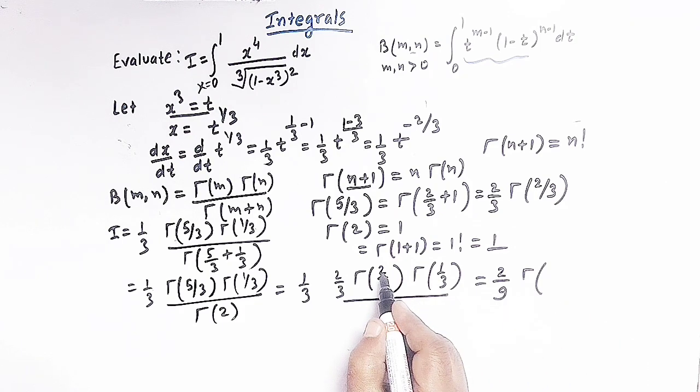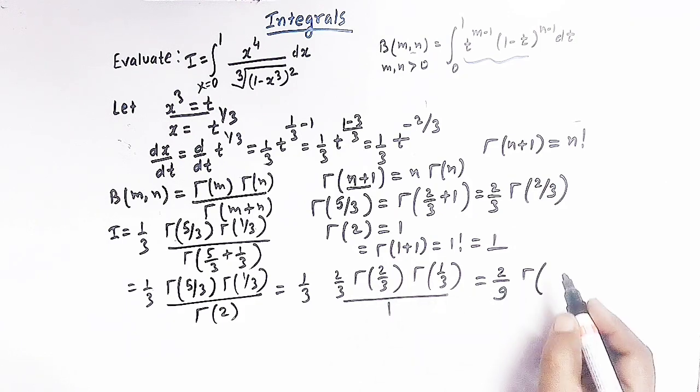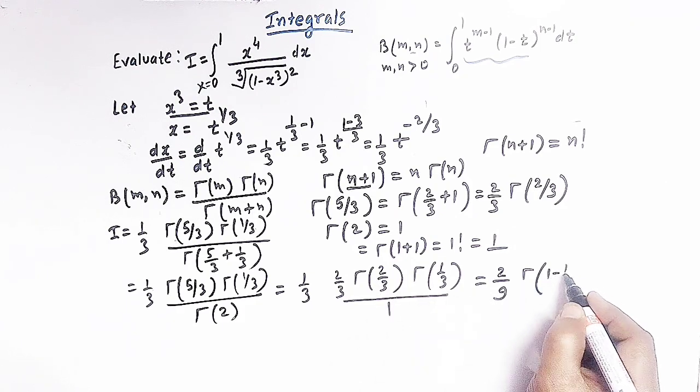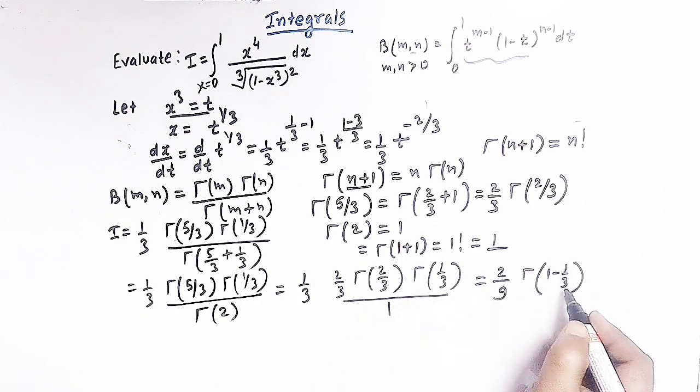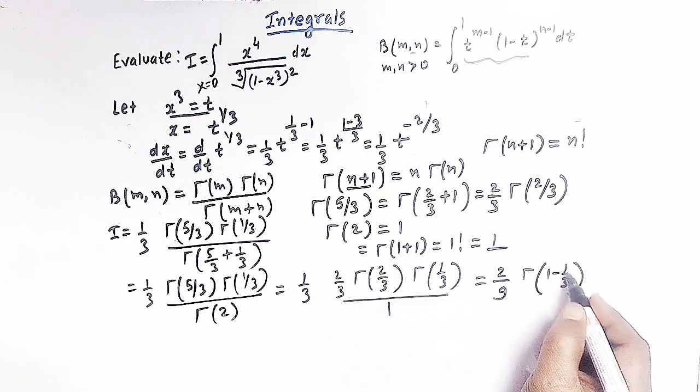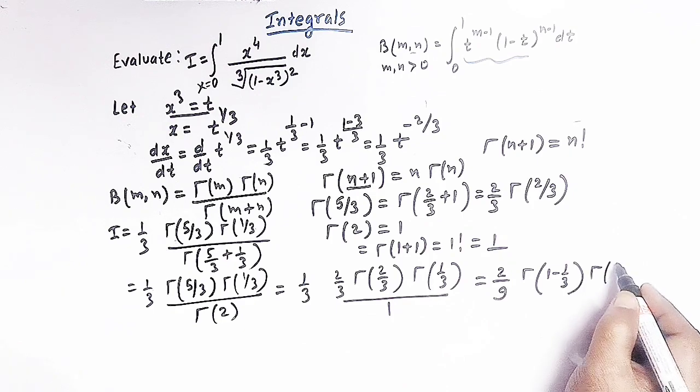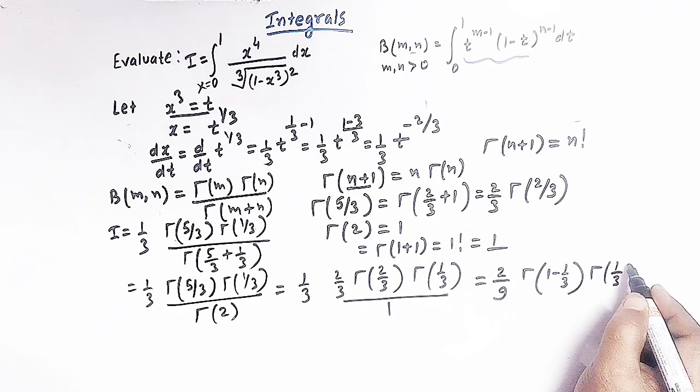we can now write this 2 over 3 as 1 minus 1 over 3, right? So the purpose of writing 2 over 3 as 1 minus 1 over 3 is to make use of the famous Euler's reflection formula. So gamma 2 over 3 can be written as gamma 1 minus 1 over 3, and here we have gamma 1 over 3.